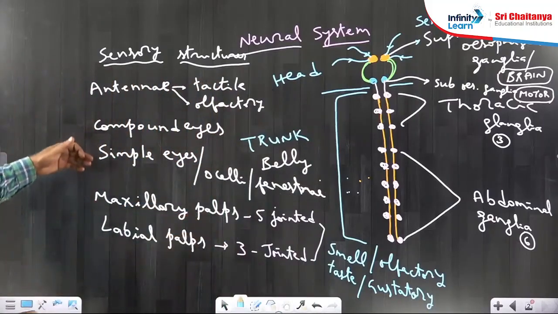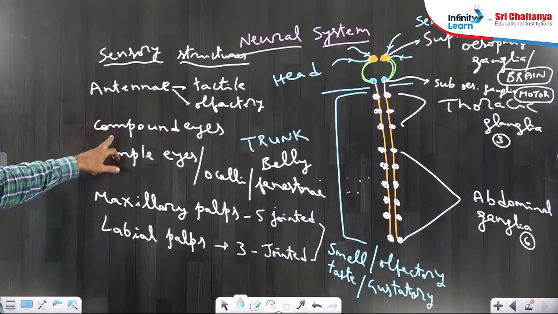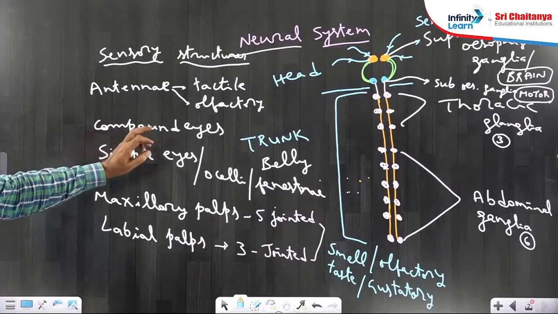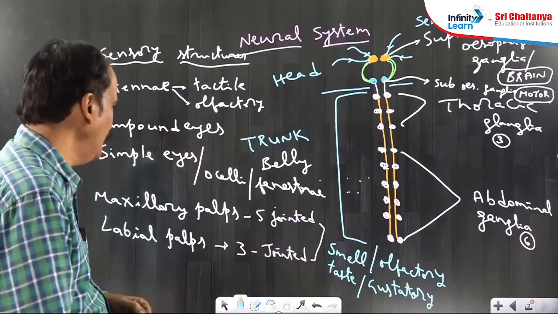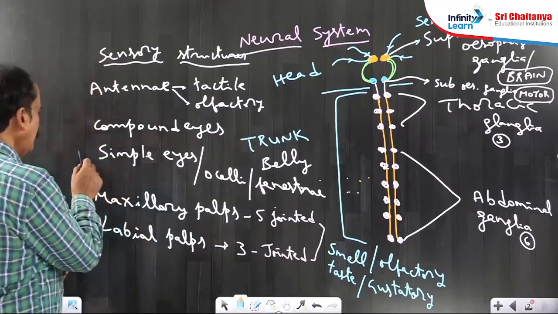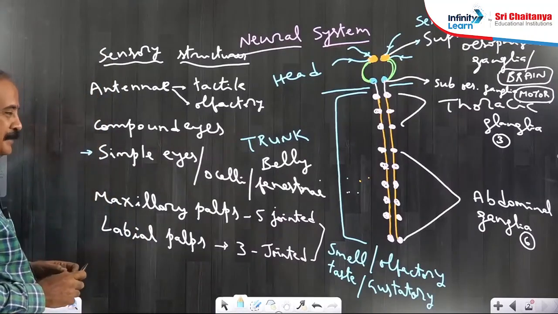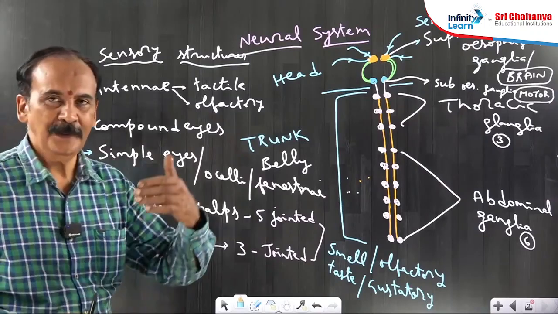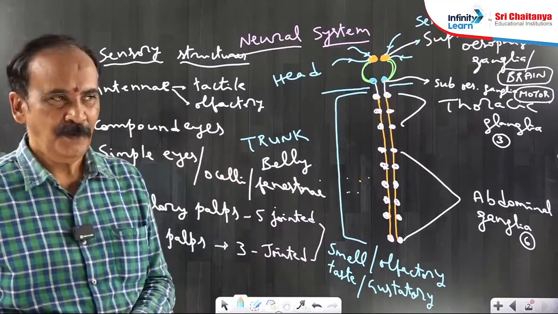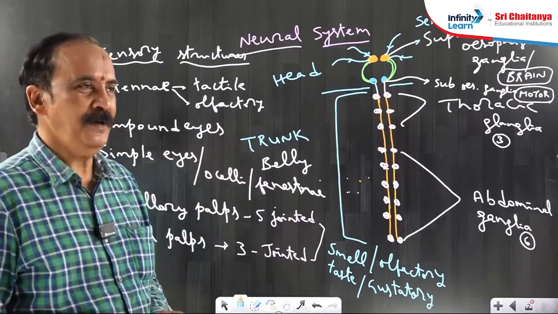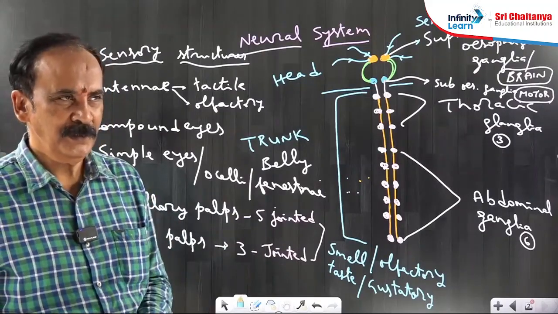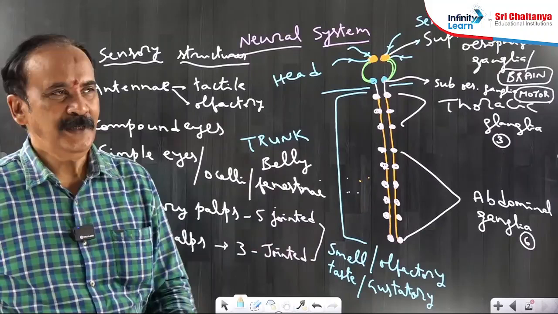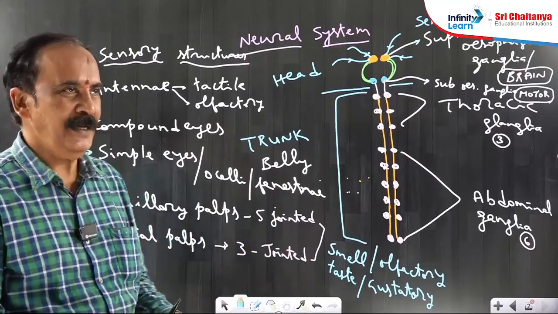Okay. So as I said, cockroach has compound eyes that are able to form images. Simple eyes in cockroach don't help in forming images. Simple eyes help in detecting light intensity. Is the cockroach active during the daytime or during the night time?